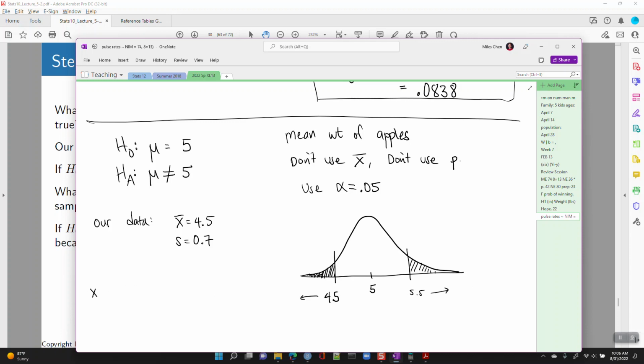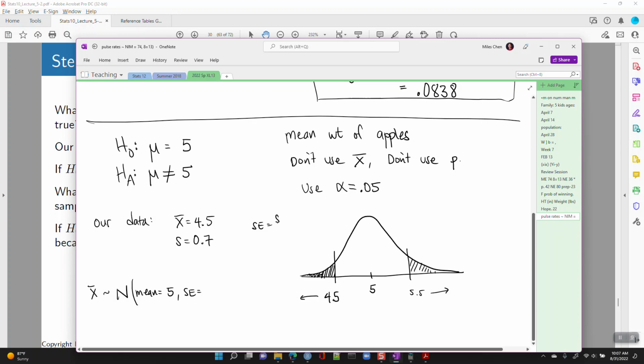According to the central limit theorem, our sample means come from a normal distribution where the mean is equal to 5, and our standard error is going to be sigma over the square root of n. Or not sigma, s. We're estimating the standard error using s over the square root of n.